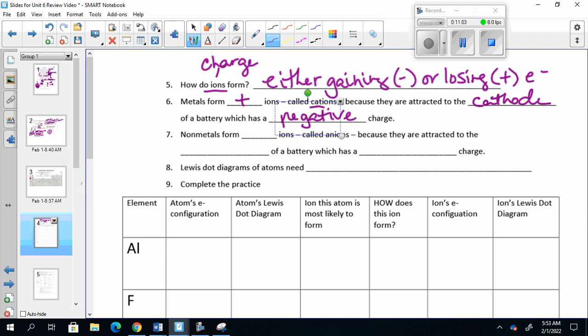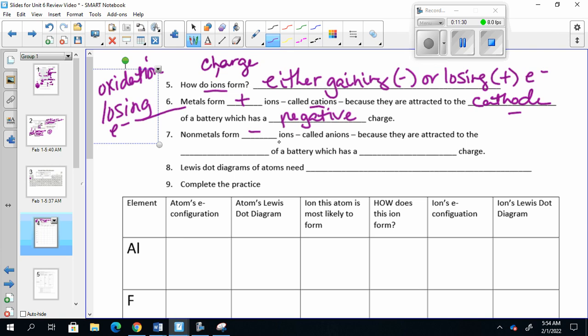So when you have a cathode on a battery, it's negative and it attracts those cations, those positive ions. So metals do this by losing electrons, and we call that oxidation. So our metals tend to lose electrons and oxidize.